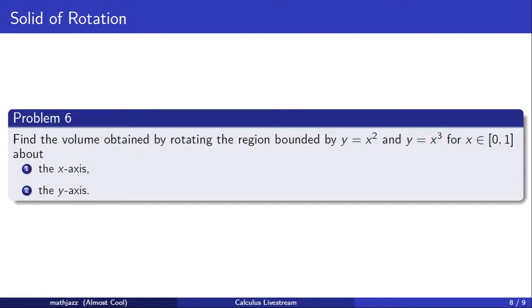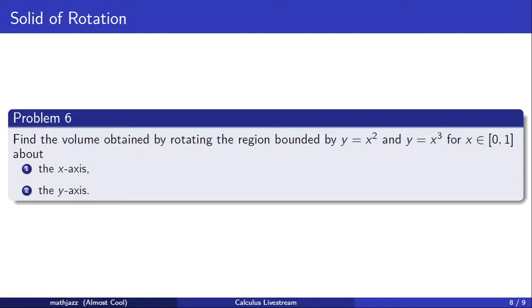Now, this solid of rotation, we're going to take the same region and we're going to rotate it once around the x-axis and once around the y-axis and see each of the volumes generated in this way. It turns out that they are different.